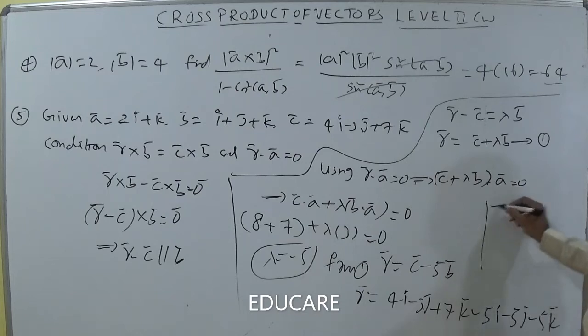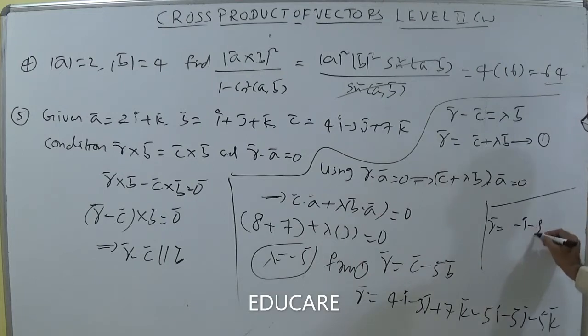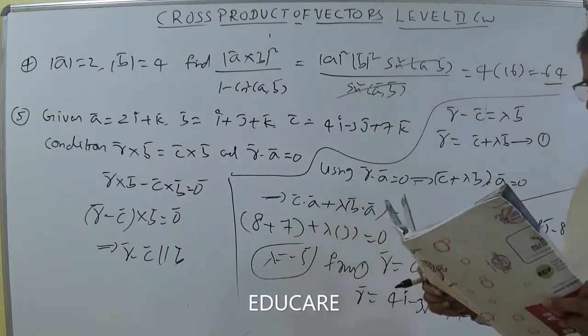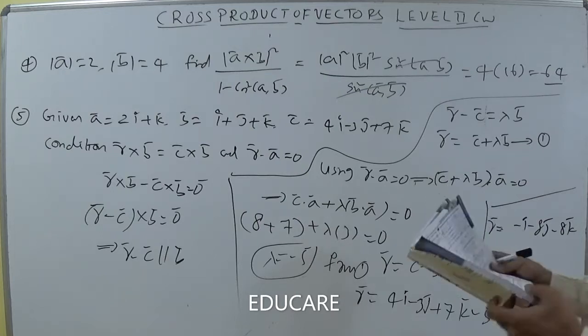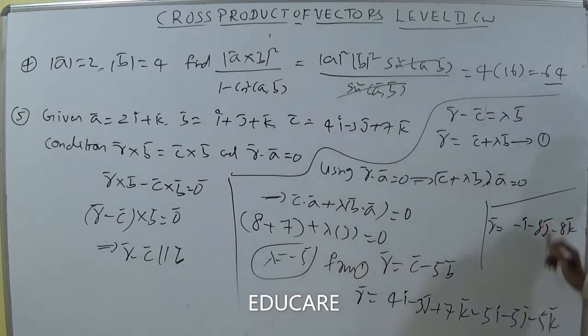So r bar you can write as minus i minus 8j plus 2k. In the question he got 7 minus 5. Yes, it is plus 2k.